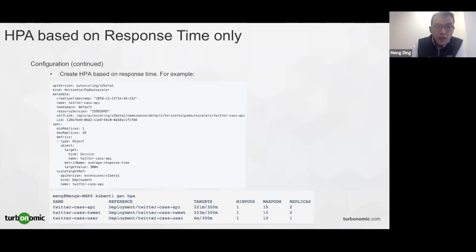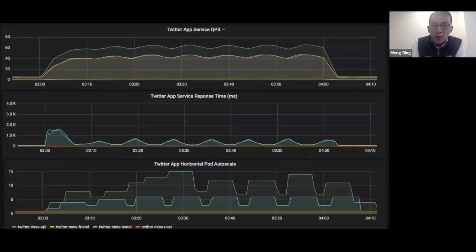With the next slide, we can see the result when we define the maximum number of replicas to be 15 for the API and tweet service.